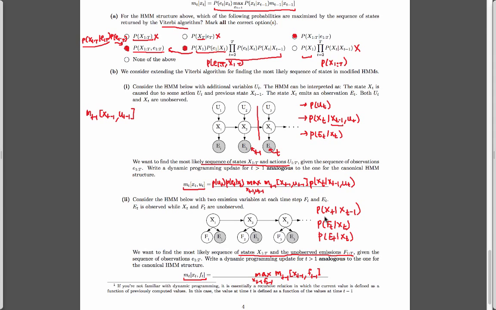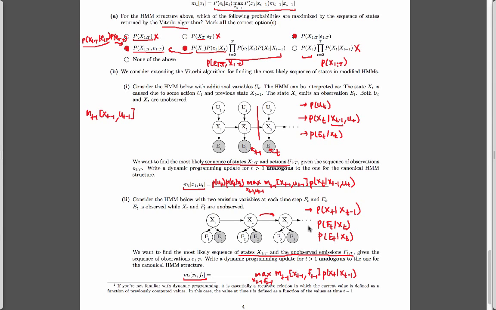So now let's take into account our current time step and how we got to it. First we have our transition model, which is x_t given x_{t-1}, and that's going to go inside the max, because it's a function of x_{t-1}.